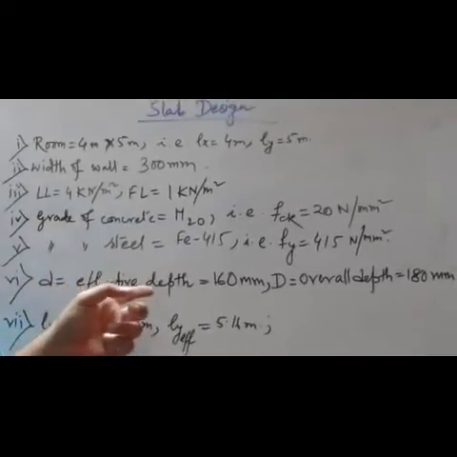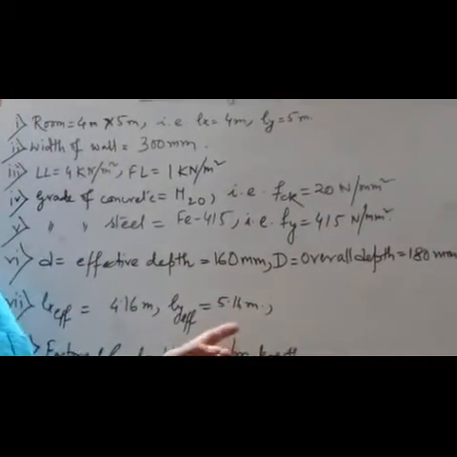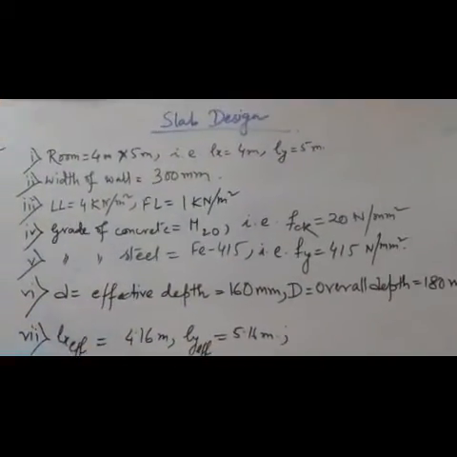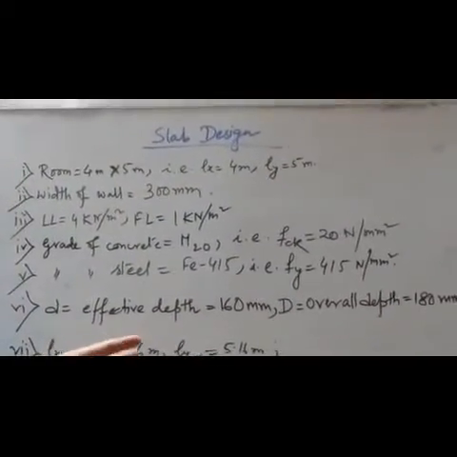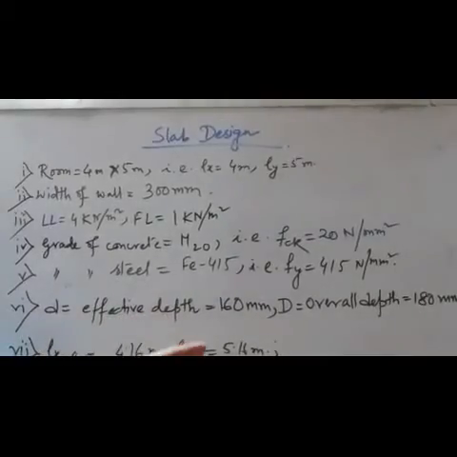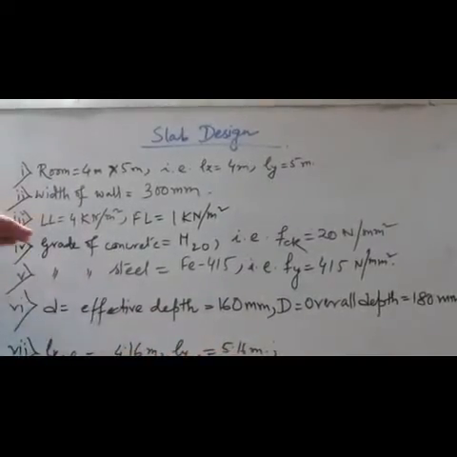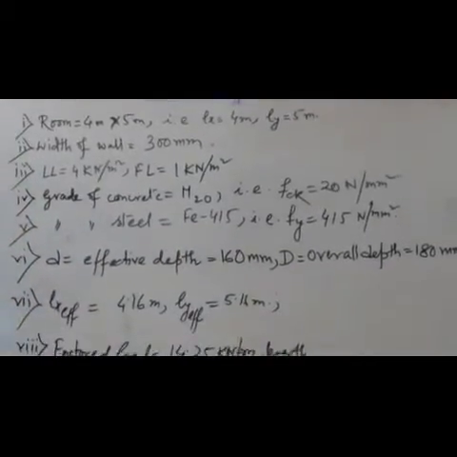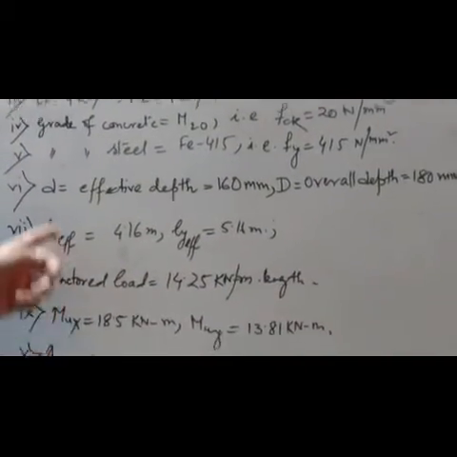Small d is the effective depth, that is 160 millimeter, and capital D is the overall depth, that is 180 millimeter. Lx effective is 4.16 meter and Ly effective is 5.16 meter. These values are already calculated in my previous video.